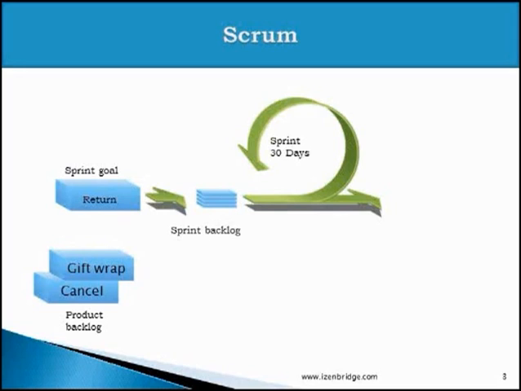So we convert these product backlog items into engineering tasks, so the team can work on them during those 30 days. And at the end of that sprint cycle, at the end of that particular iteration, we deliver a potentially shippable product increment. So we start with the product backlog, we create a sprint backlog, which is a collection of engineering tasks out of those product backlog items which got selected for this particular sprint. At the end of a sprint, we deliver a potentially shippable product increment.